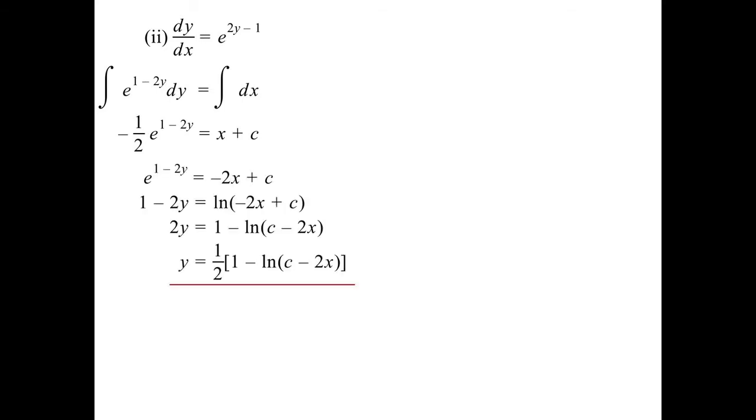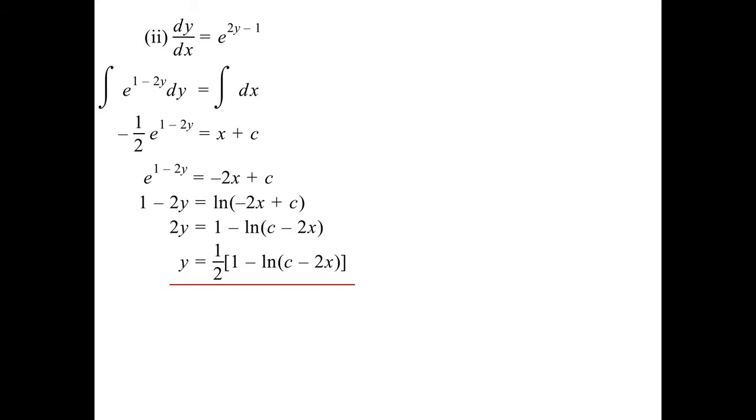Let's have a look at this one. dy dx is e to the power of 2y minus 1. Well, that becomes e to the power of 1 minus 2y over on the left-hand side, integrate both sides. Let's play around with this one. We want to make y the subject. So what do we do? Well, multiply by the negative 2. Then this time I want to get rid of the exponential, so I'll log both sides.